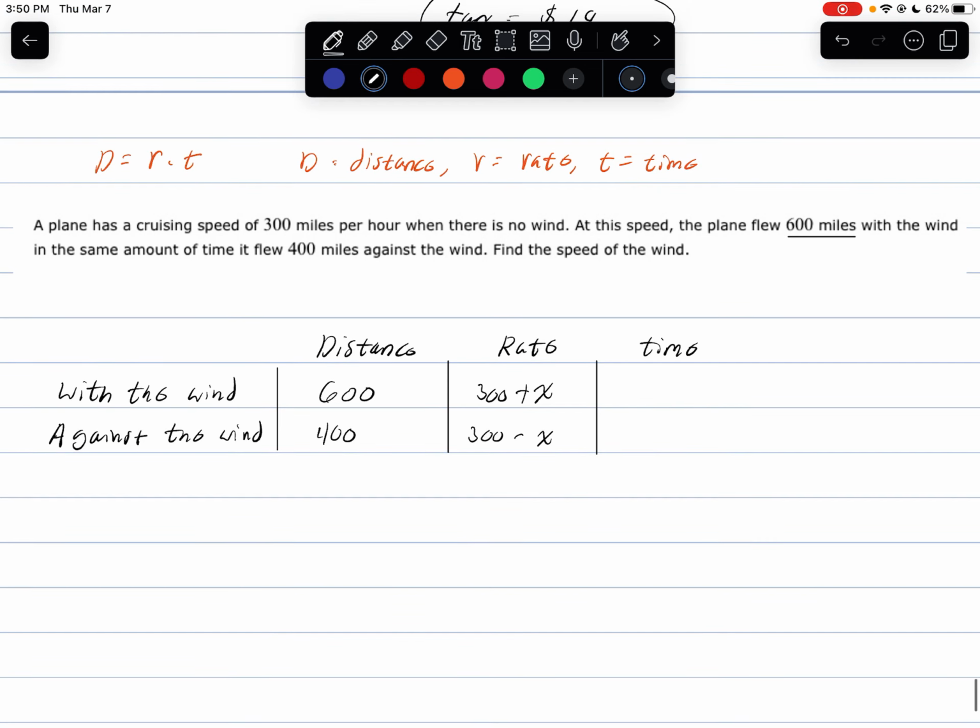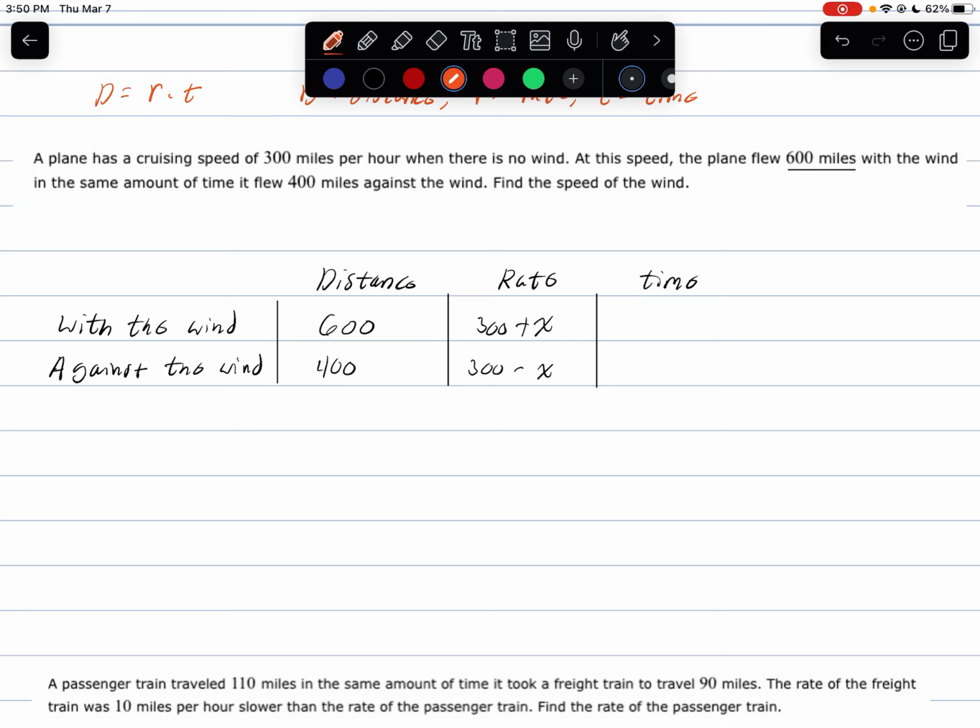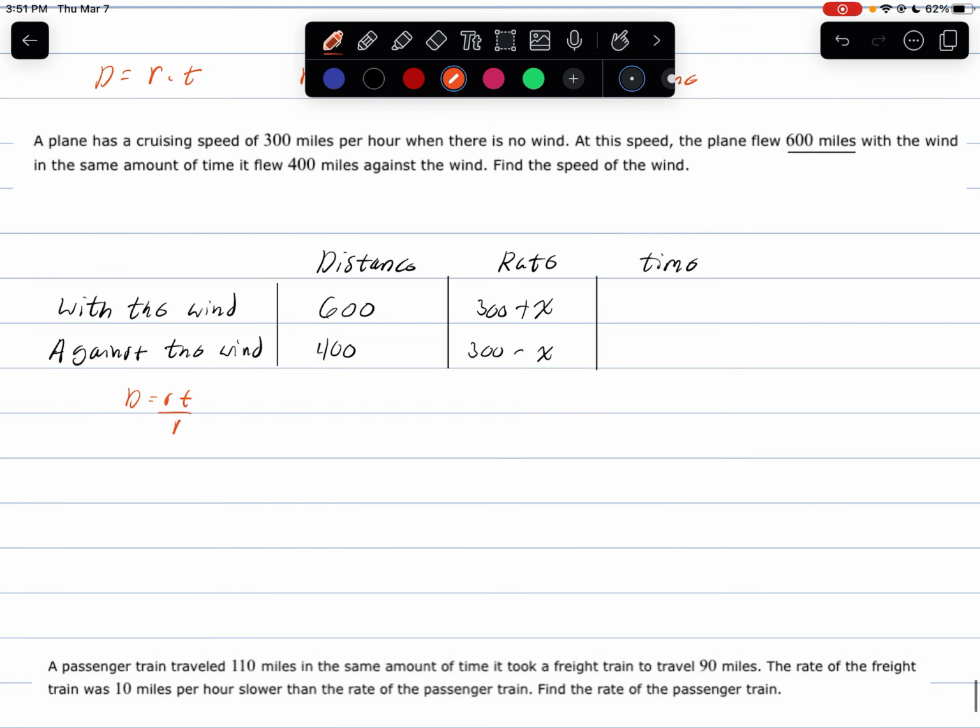Okay, and so if we go back up to our formula, d equals rt, we need to solve for time. If we want to solve for time, we can divide both sides by r, and we get that t is equal to d over r. We're given the distance and the rate, so we can use both to find what t is.